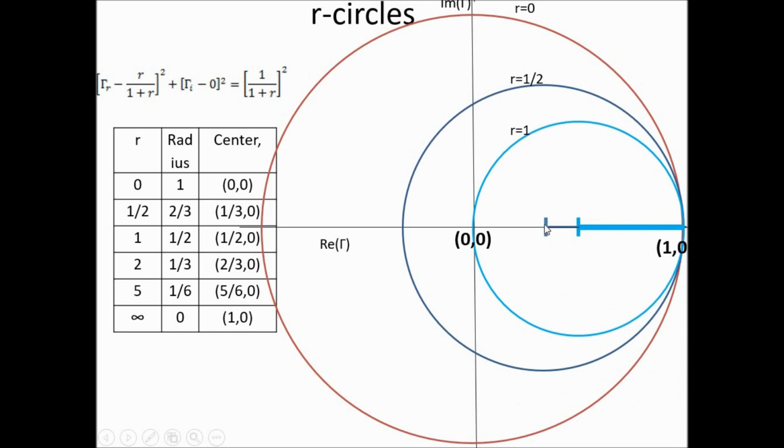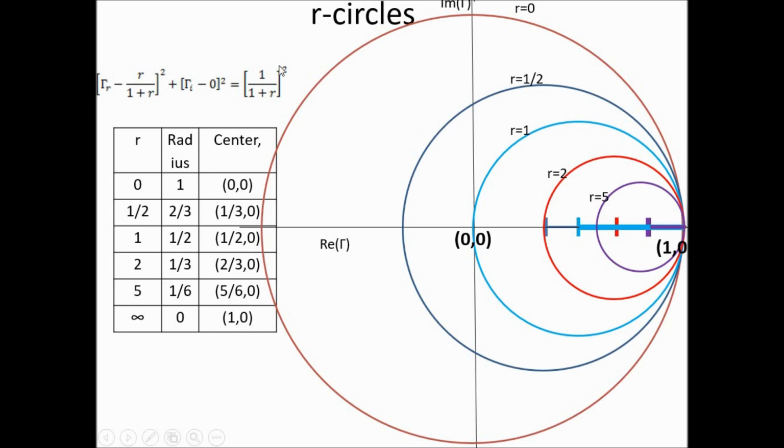Now for the R equal to 1 circle, the center is here like this, and for the R equal to 2 circle, the center is at this point and the radius is 1 third. If you put the R equal to 5 circle, you see that all the R circles are touching this point.